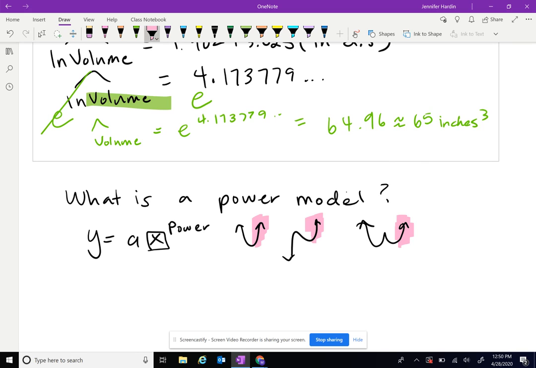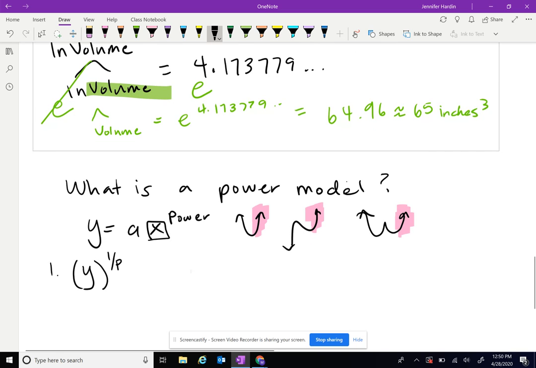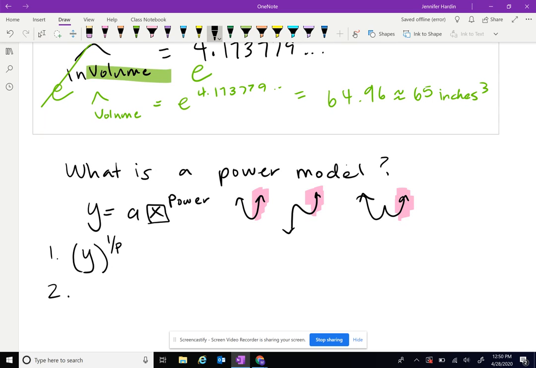The ways to fix it are threefold. Our first option is to make our Y's to the reciprocal power so that they match those X's. Your second option is to raise your X's to the same powers as the Y's. Okay.